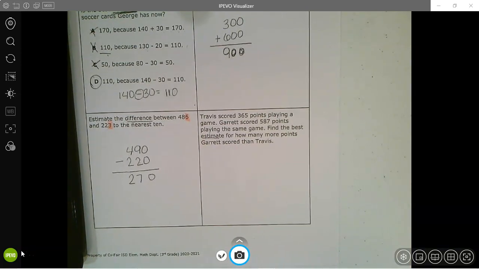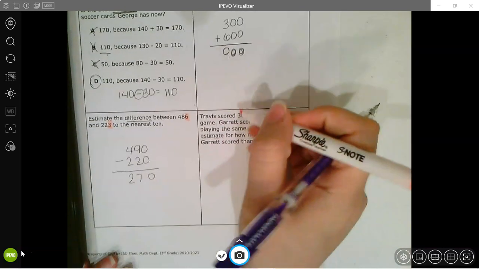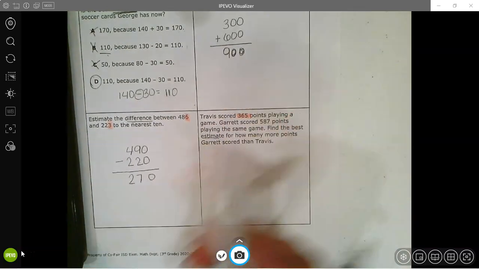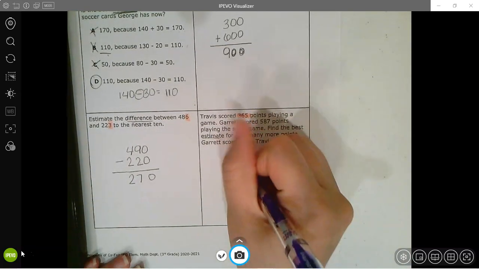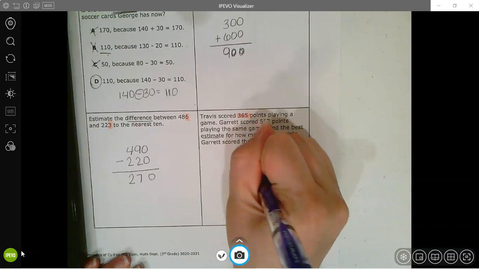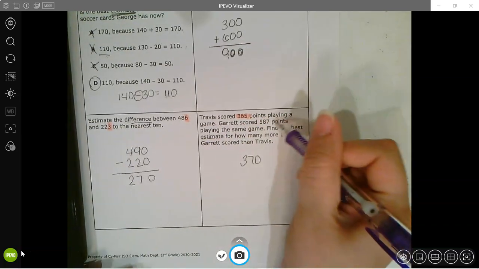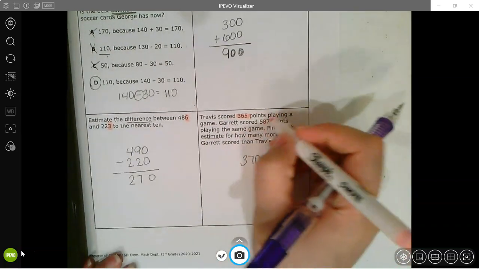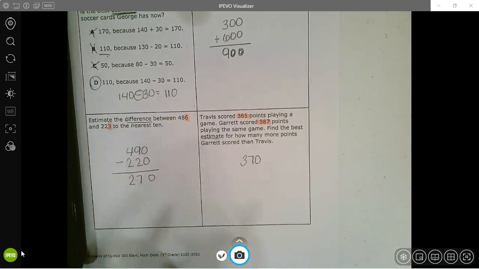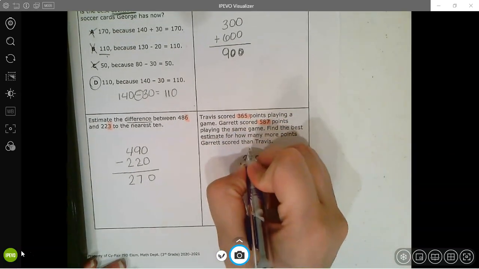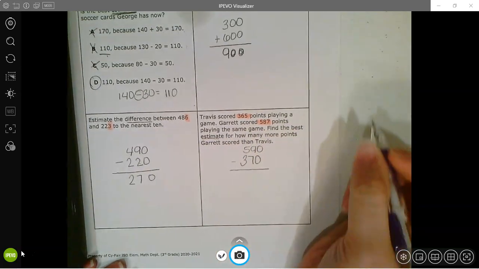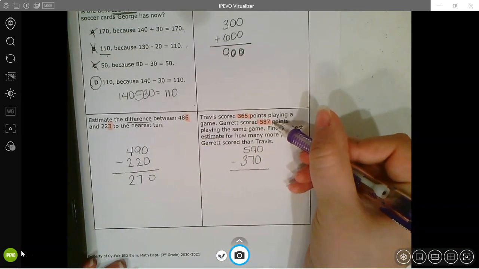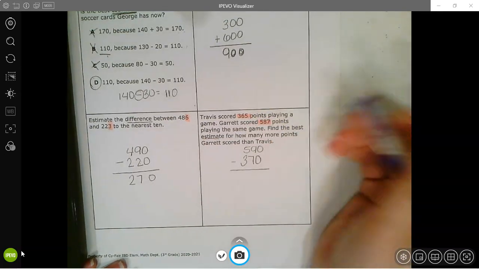I'm going to take 365 and round it to 370, and 587 I'm going to round to 590, and I'm going to subtract because I want to know how many more points Garrett got than Travis.